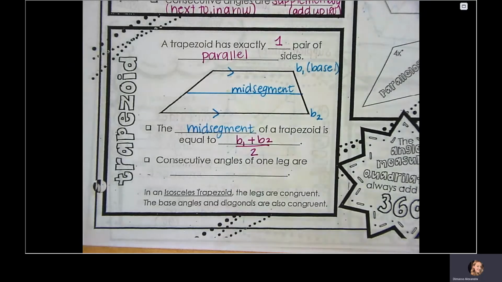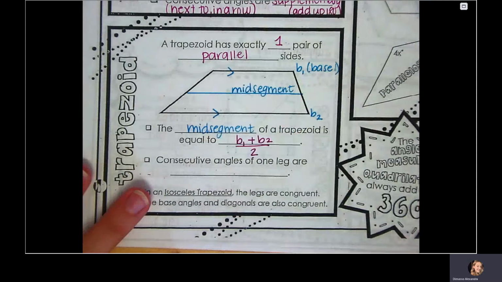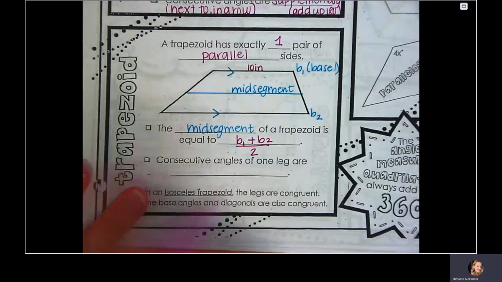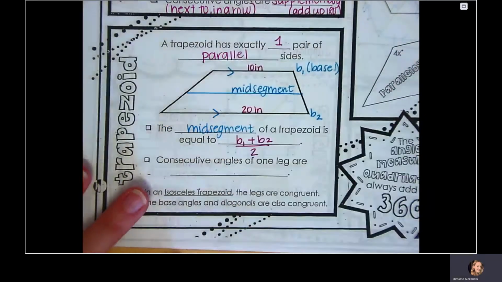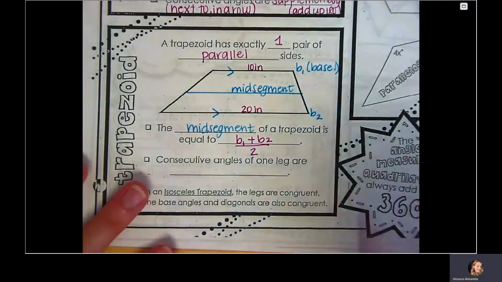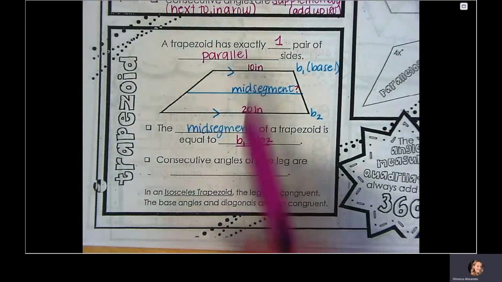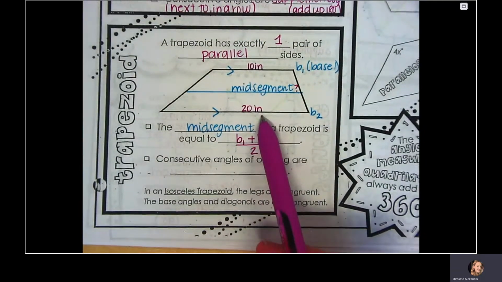average. So let's say, for example, that the top length was 10 inches, and let's say that the bottom one was 20 inches. And I want to figure out, okay, what is the mid-segment? So I would take my top plus the bottom, and then I divide by 2.